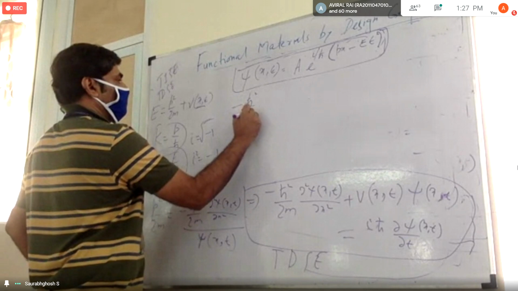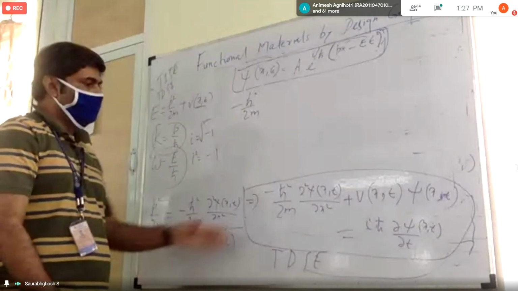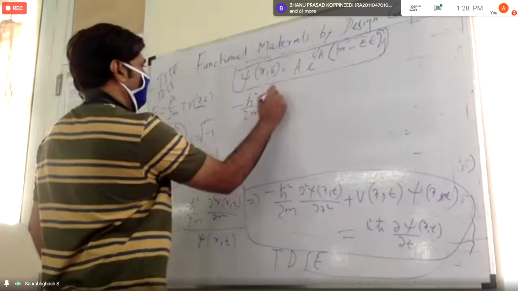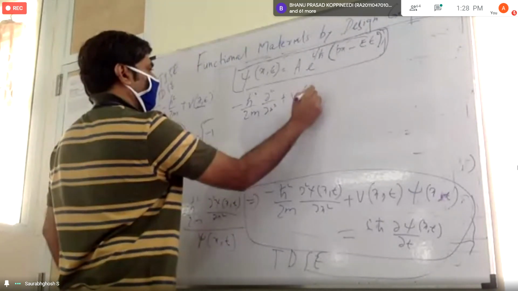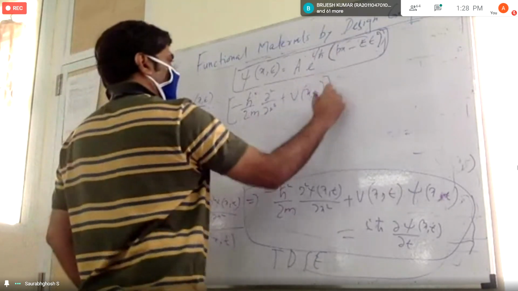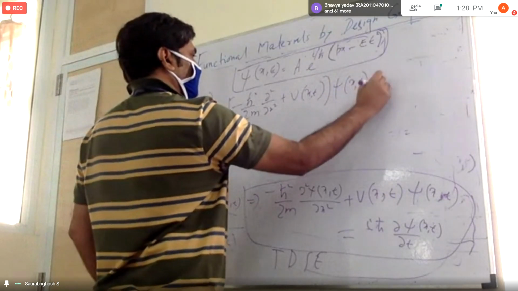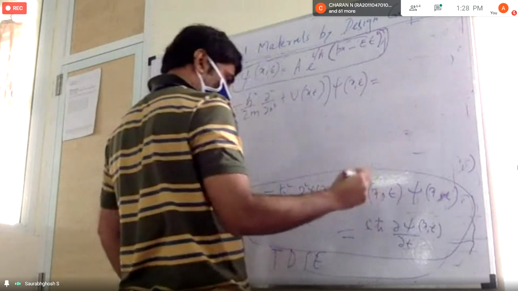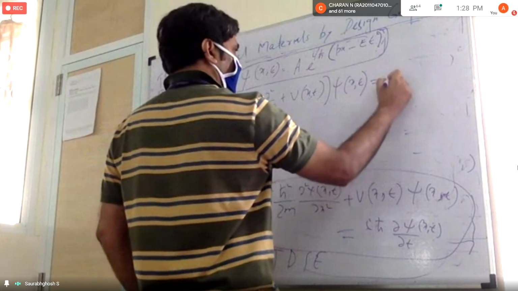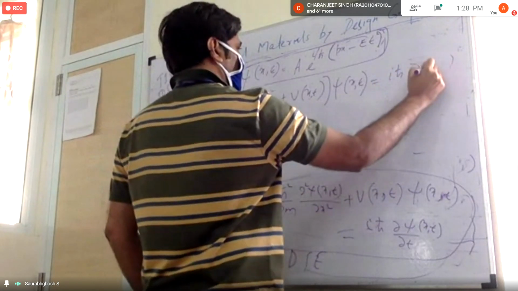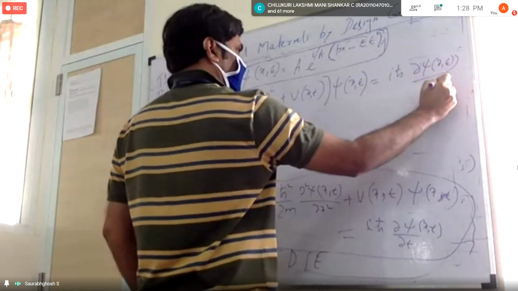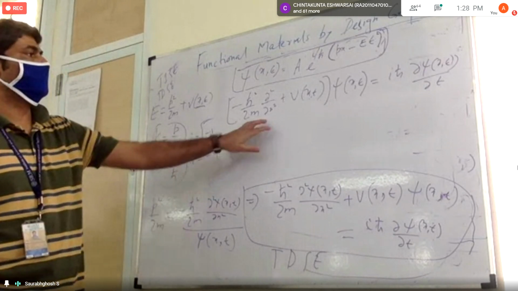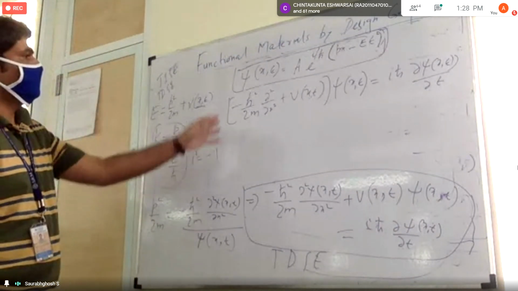Minus h cut square by 2m, and you can also take the psi of x,t out, so you can have this kind of function equal to i h cut del psi of x,t by del t. This is called the Hamiltonian of the system. We'll come to it. So this is the Schrodinger equation.